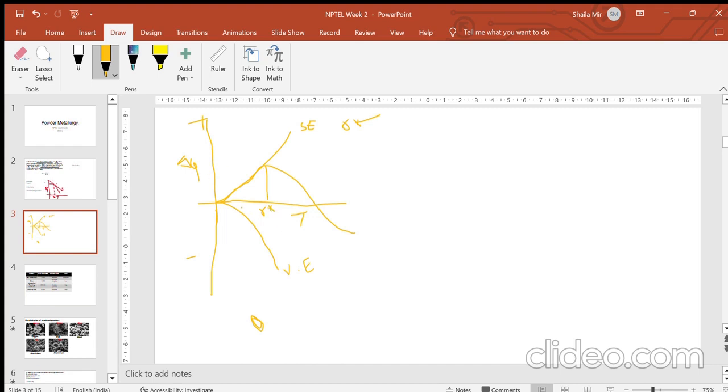If we have a radius of the nucleus somewhere here, I will write it R1, and a particle somewhere here which is R2, right? So we have two particles, R1 and R2. R1 has a radius much less than the critical radius, much less than what is required for nucleation and growth of the particles, or for solidification.